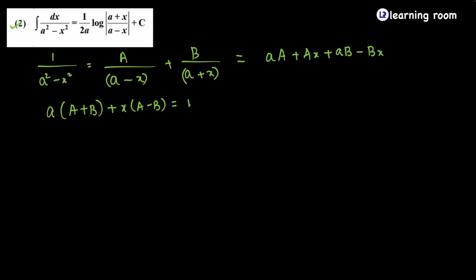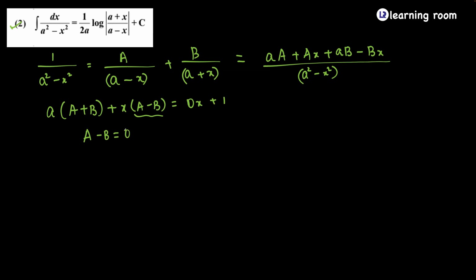Right? So why I wrote it like this is divided by a square minus x square. But remember, this and this are the same. So since the denominators are same, the numerators must be the same. So same comparison. So here I'm going to write it as 0 times x plus 1. So A minus B will be how much?